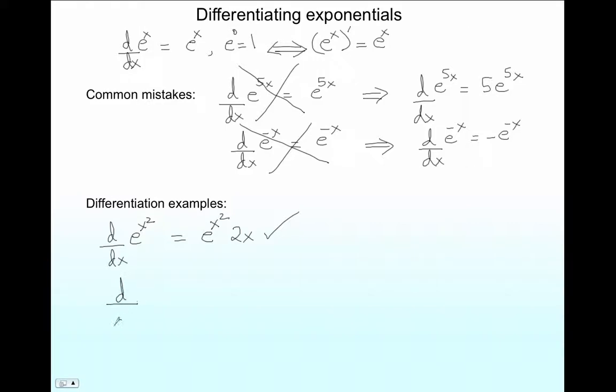What about, let's say, this, d by dx of e to the e to the x? Well, again, when you differentiate the exponential, you get the exponential itself, and the argument of the exponential will be e to the x itself. So this is e to the e to the x.